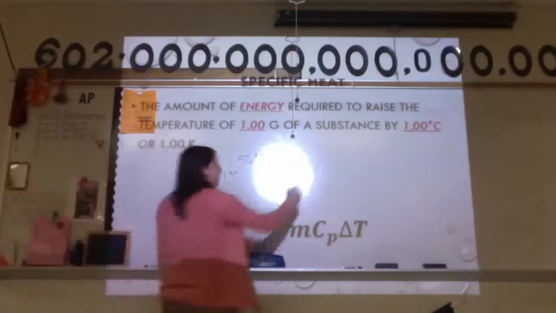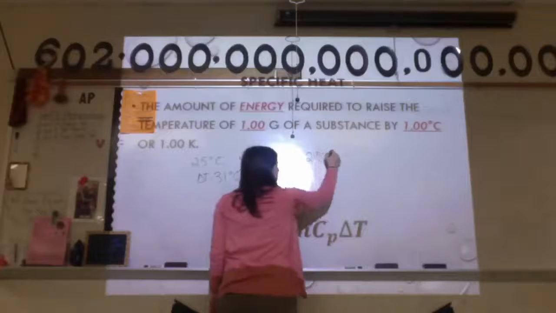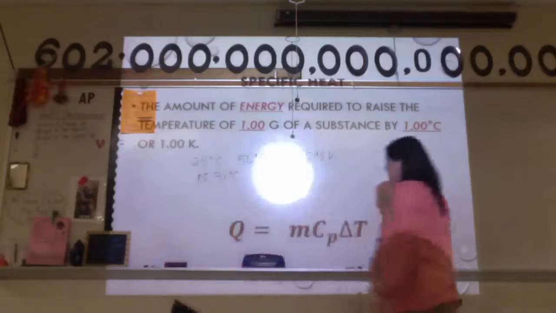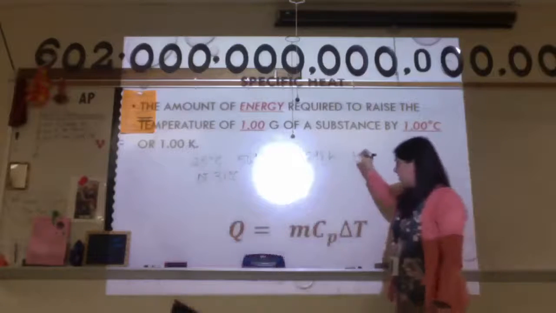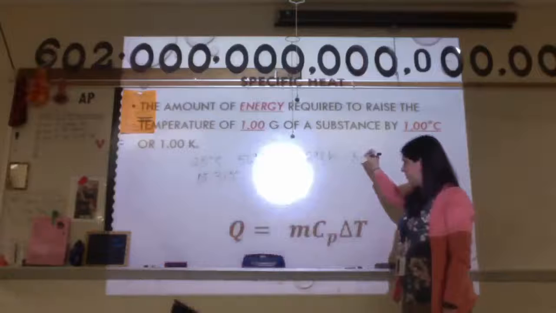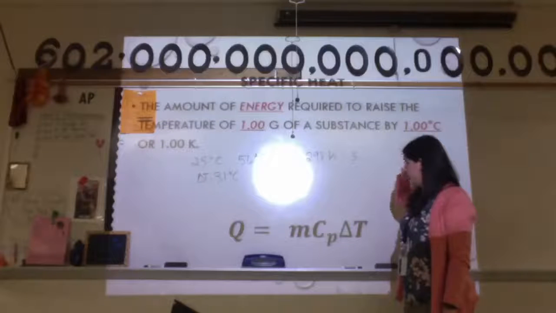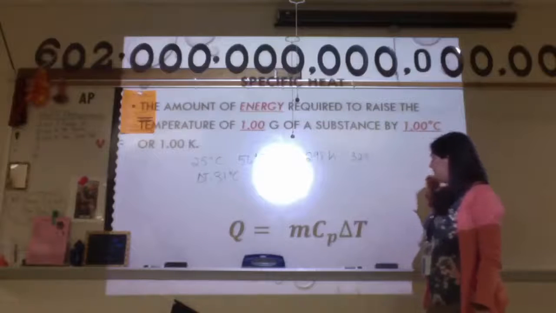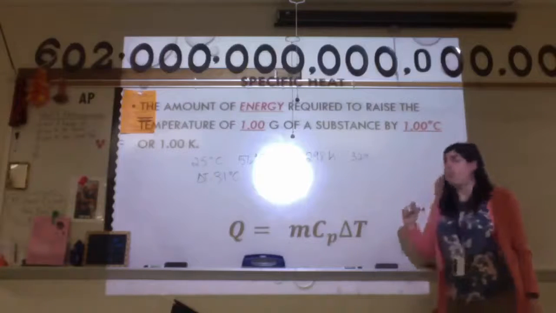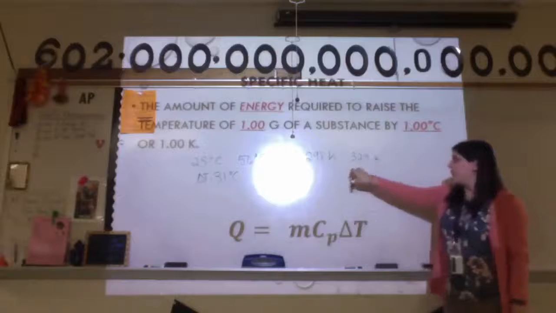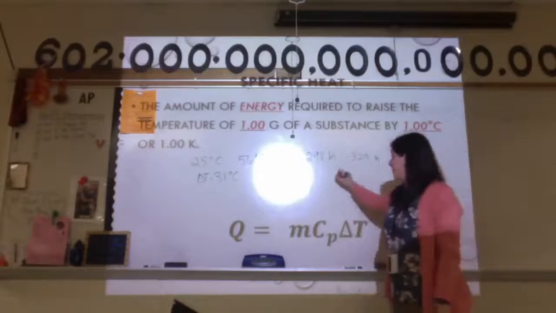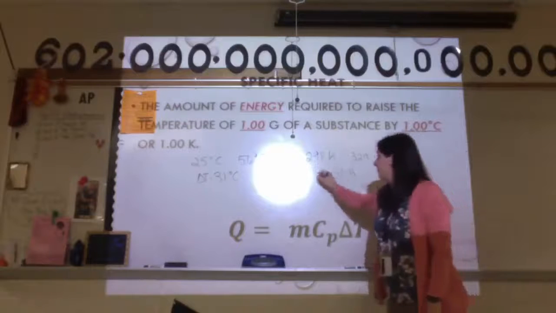So 25 plus 273 is 298 Kelvin. And then 56 plus 273 is 329. What's 329 minus 298? 31 Kelvin.